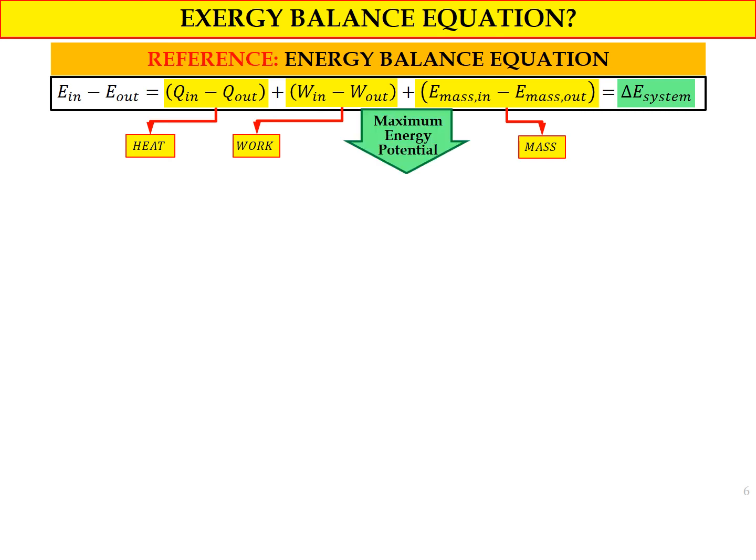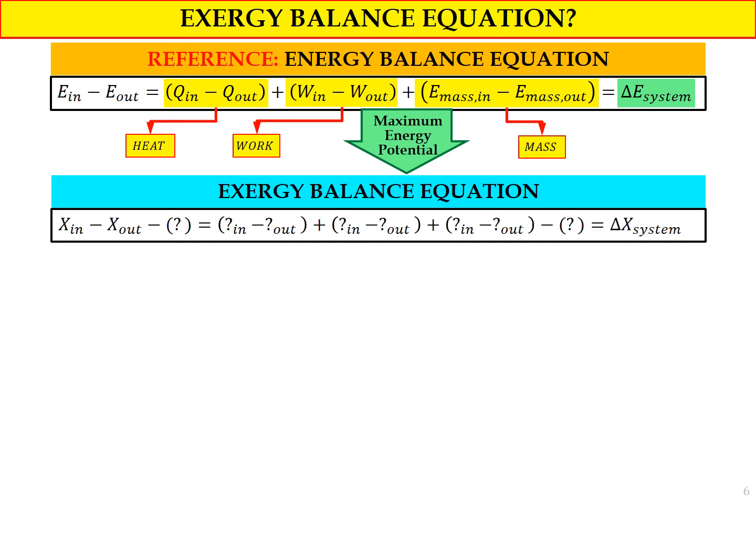Okay, so now if we want to derive the exergy balance equation, we need to consider the maximum energy potential. So when we consider maximum energy potential, the energy balance equation will become the exergy balance equation. So this is the intro of the exergy balance equation.